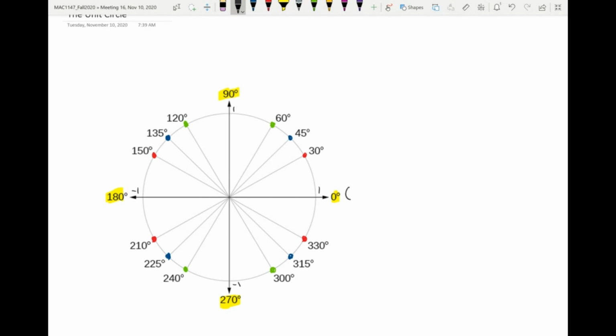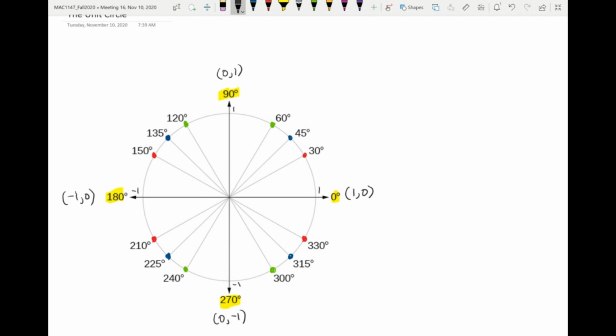So for 0, this is (1, 0). For 90, this is (0, 1). Here we have (negative 1, 0). And here we have (0, negative 1). So just by looking at those coordinates, you will know immediately what the sine and the cosine of those quadrantal angles are. Everybody okay with this?